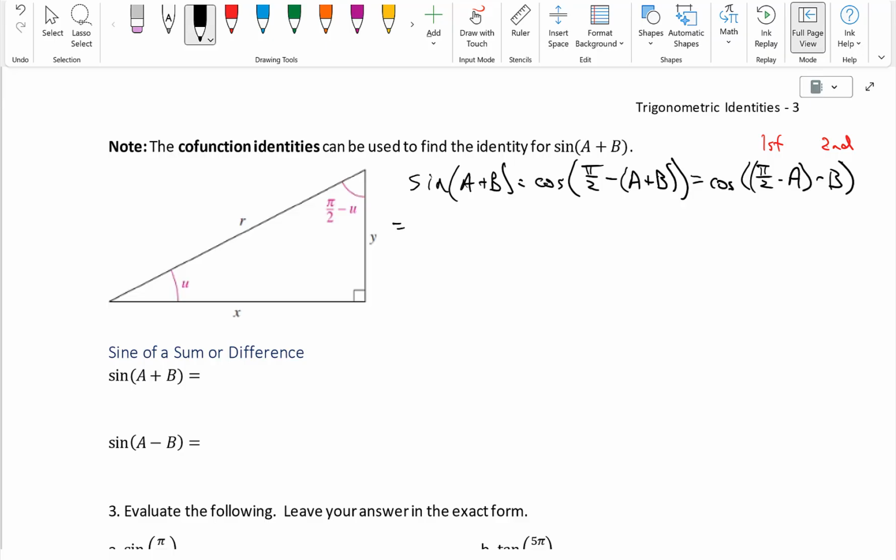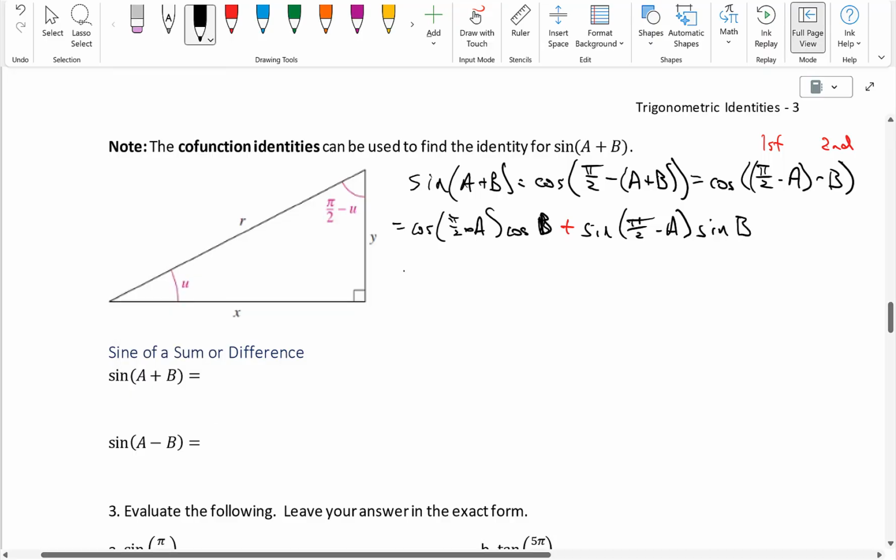And so this would be equal to cosine of pi over 2 minus a times cosine of b. Since we had a minus in the middle there, we're going to get a plus. Sine of the first angle, pi over 2 minus a, times sine of the second angle, b in this case. And then we'll further use those cofunction identities to rewrite this.